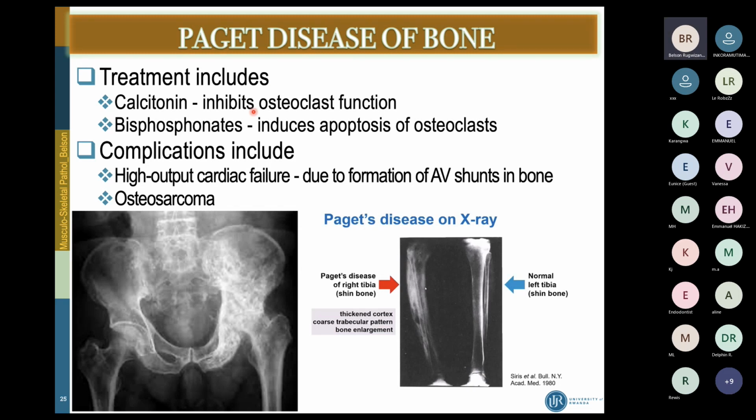So the complications will include high output cardiac failure due to formation of arteriovenous shunts in the bones. And another complication is osteosarcoma, which is a cancer of the bone. You can understand, because there is a high turnover: bone destruction, bone formation, bone destruction, bone formation.